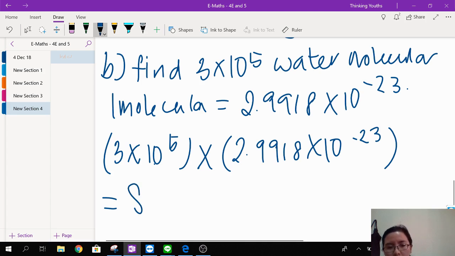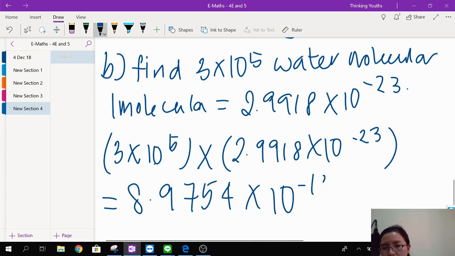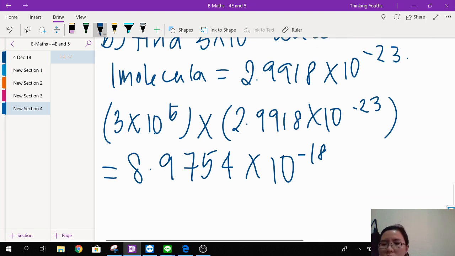So this will give you 8.9754 times 10 the power negative 18. So in exam, there shouldn't be a need to round off because it's an exact number.